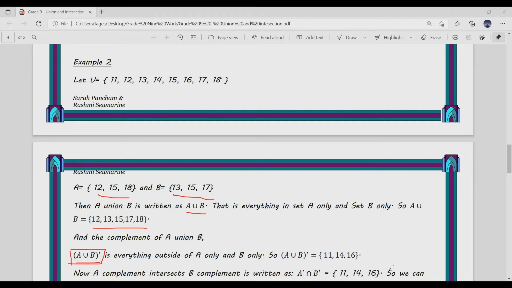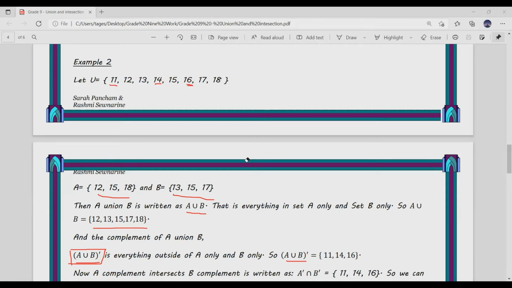We had the other numbers, and 11 was not used. We have 14 and we have 16. These numbers were not in any of the sets. They were not in A or B, so if you're to draw this in the Venn diagram, they are going to go in the rectangular box. It's not going to be in set A, it's not going to be in set B, it's going to be in the rectangular box. And the same thing comes back here, A union B complement.